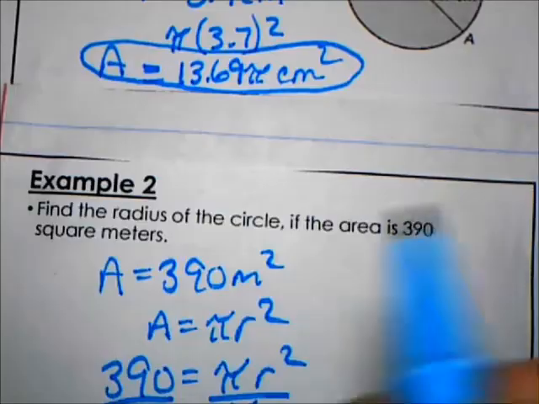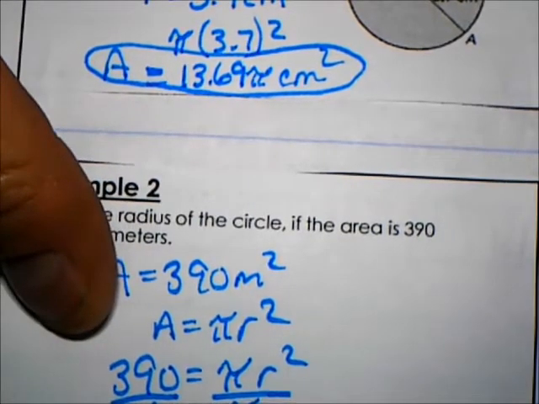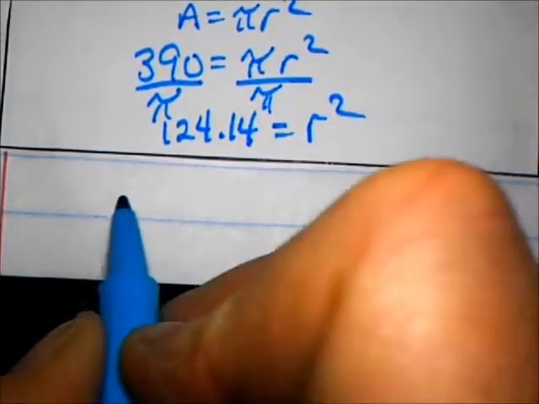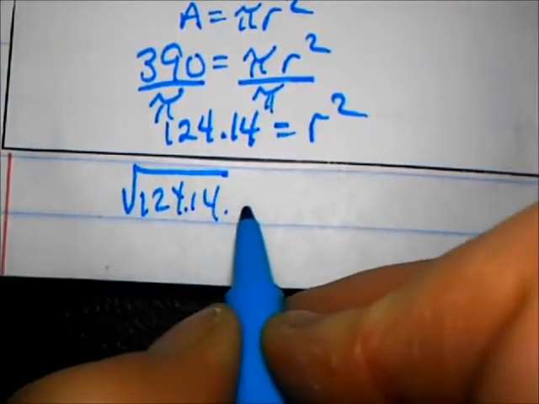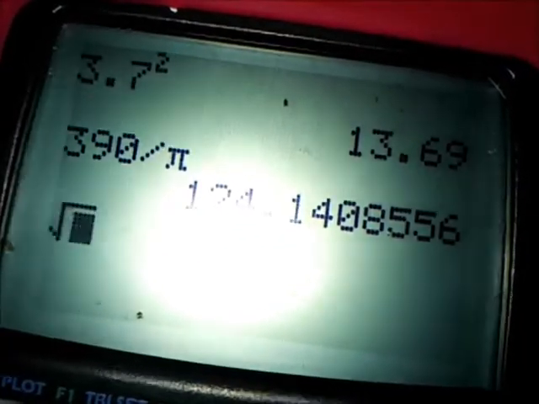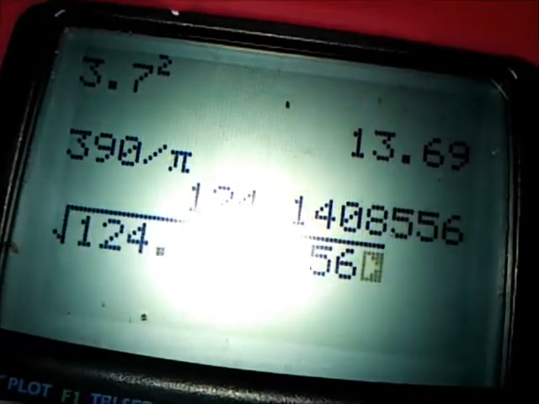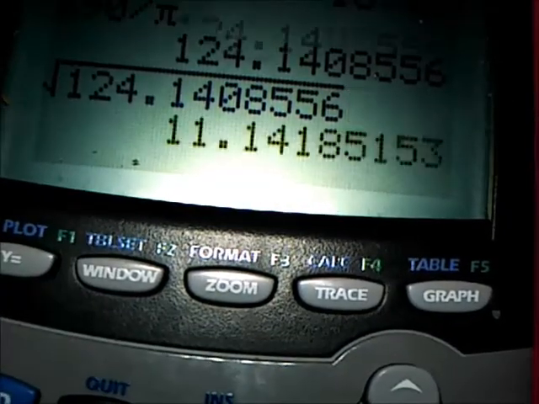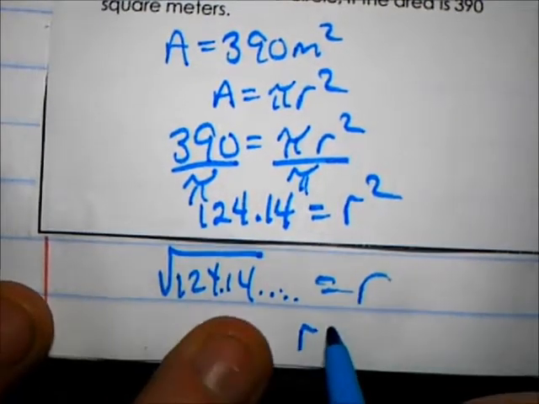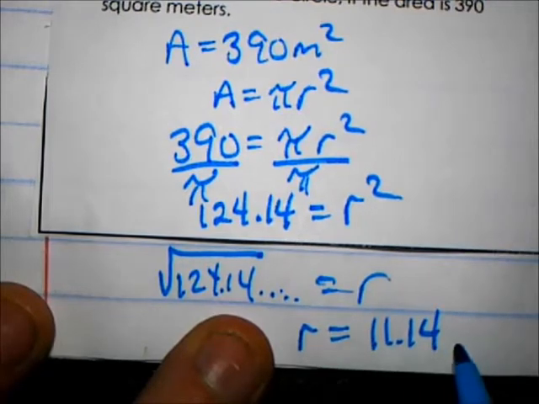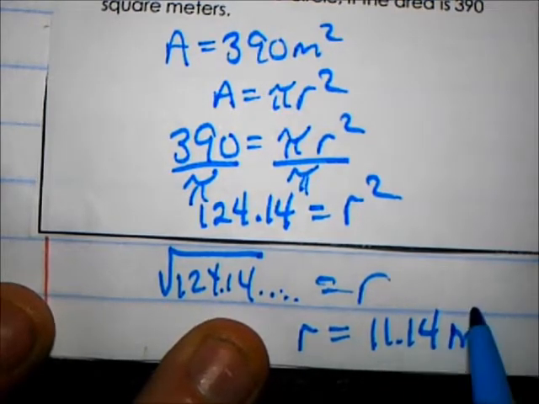That gives me 124.14, and that is r squared. Now to get rid of the square, I'm going to take the square root of that number, and make sure you have it all in your calculator so you have the remaining decimals. So I do the square root, then go up and grab that number and enter. So I have 11.14 is my radius, and that is in meters for this one.